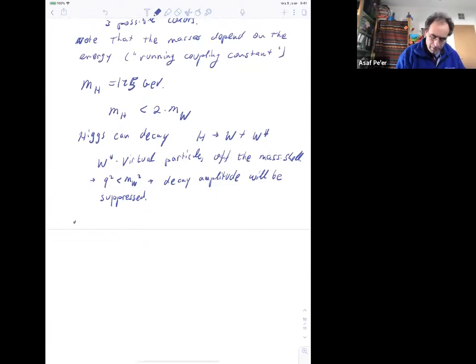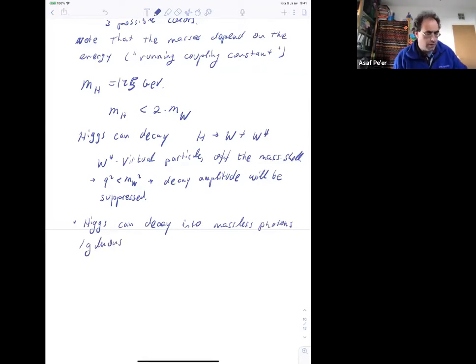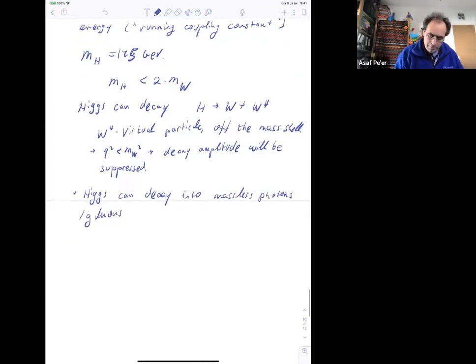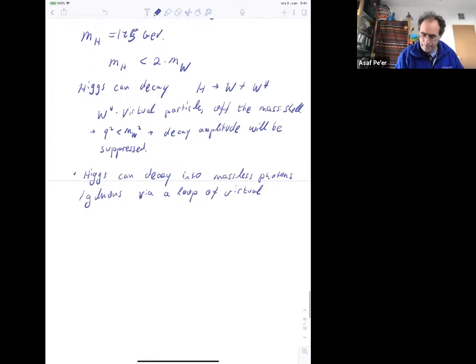So the Higgs can decay into massless photons or gluons via a loop of virtual top quarks or W bosons.